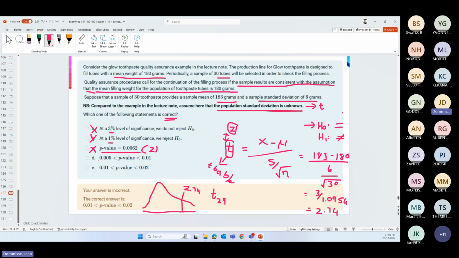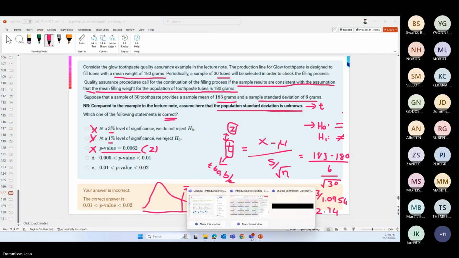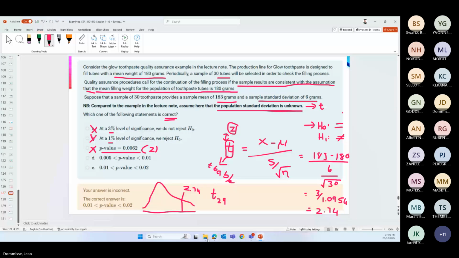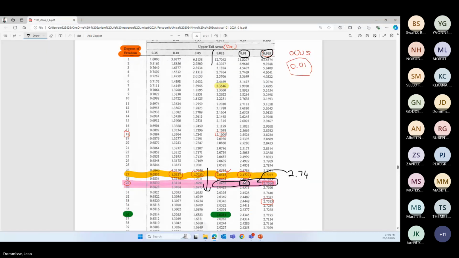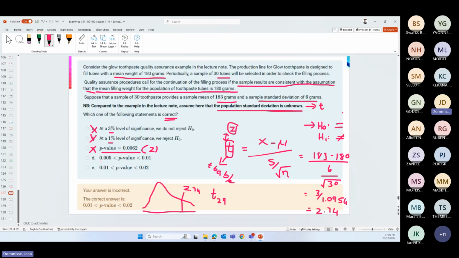Okay, so where the p-value is bigger than 0.05 and smaller than 0.01, that is where I want it. So I would have said that one.